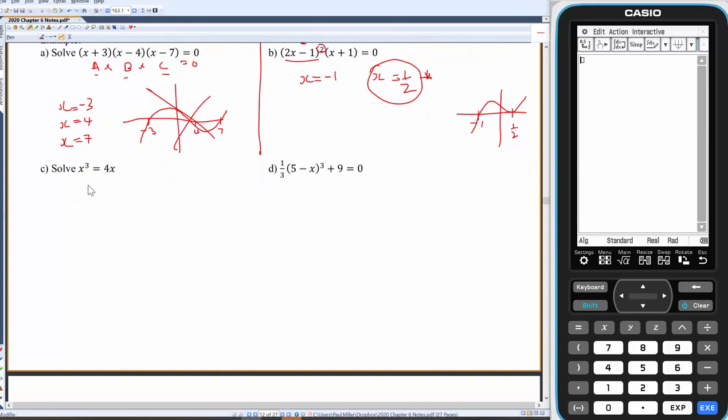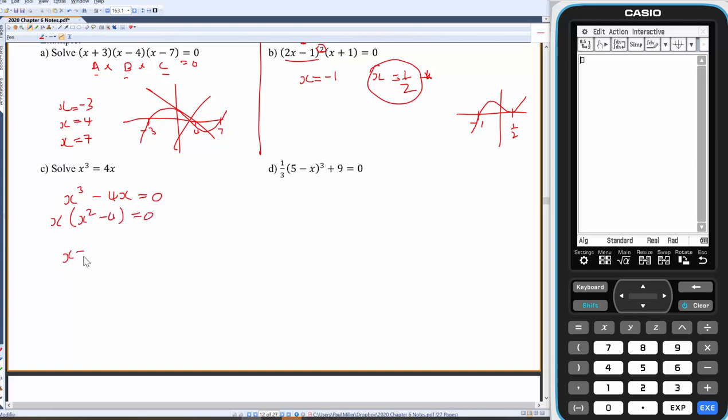All right, so this one here, we're going to solve this one. And remember to use the null factor law, either the right or the left has got to equal 0. So I'm just going to change this to be x cubed take 4x equals 0. And we're going to grab x as a common factor out. x(x squared take 4) equals 0.